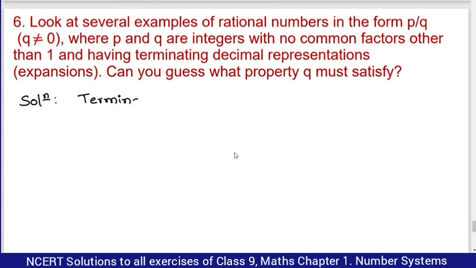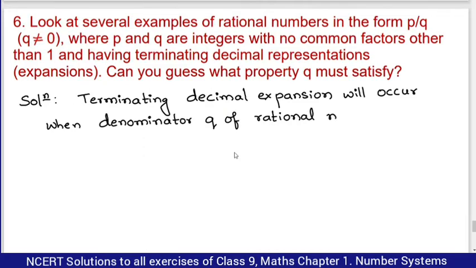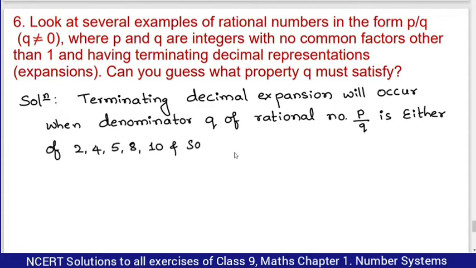Terminating decimal expansion will occur when the denominator q of the rational number p by q is either of 2, 4, 5, 8, 10 and so on.